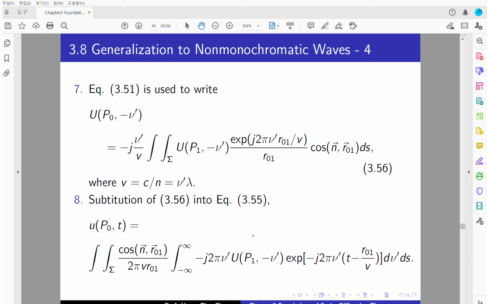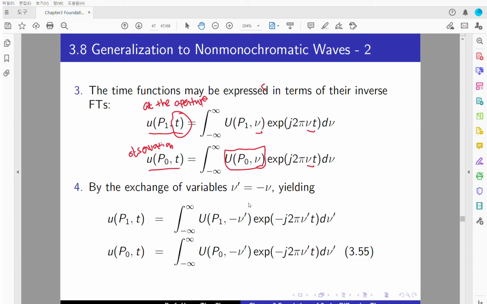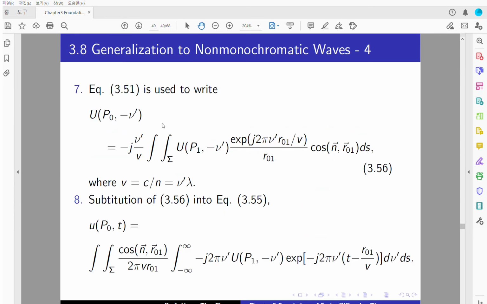And then what we get here is that once we know this frequency component, then we can find out the time dependent function. Once we know this frequency component, we can find out the temporal dependence by this part, okay?